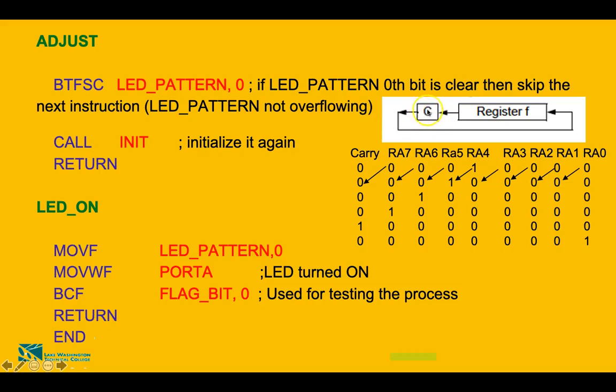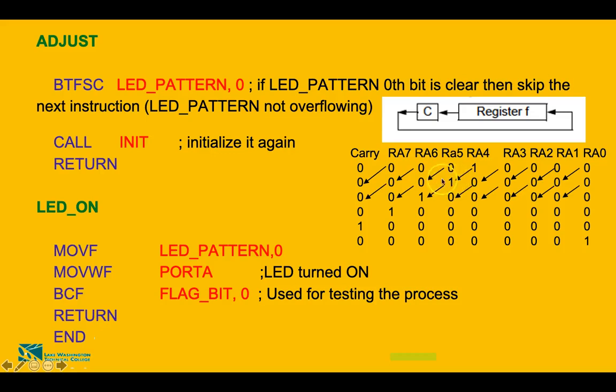If you have 0 in carry here, then this 0 carry will go into RA0, and whatever you have in RA7 is going to go into this carry, and that's what is happening here. You had 0 here in RA7 which is going into this carry, and this 0 in this carry is going into this RA0. And if you notice that your RA4 was 1 here, which means it was set and it has rotated towards left.